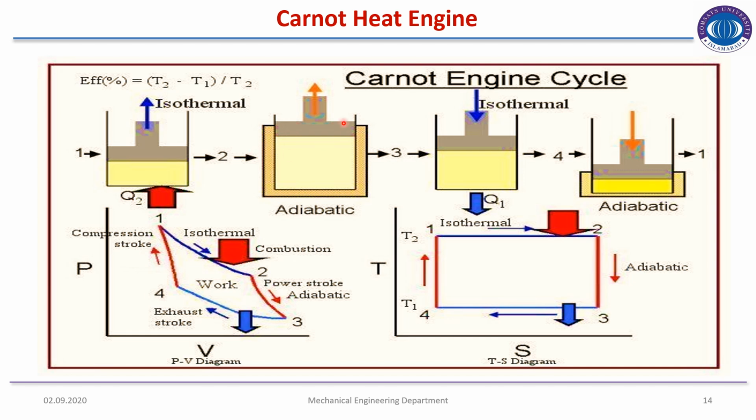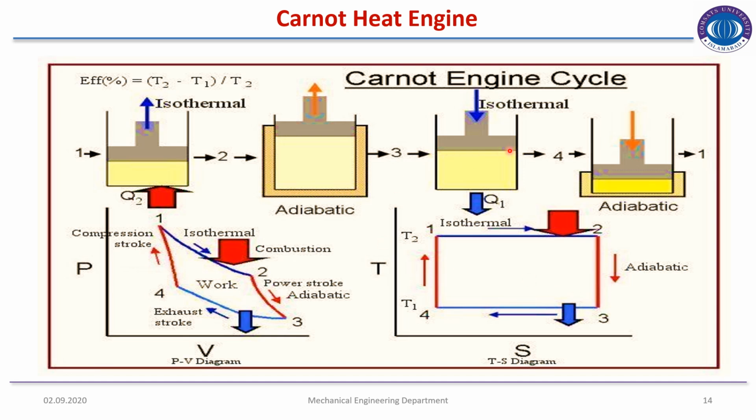Process 2 to 3 is adiabatic expansion, also a power stroke. We know that a reversible adiabatic process is an isentropic process in which entropy remains constant. So when we see process 2 to 3 on the TS diagram, we see a straight vertical line, which suggests that entropy remains constant.